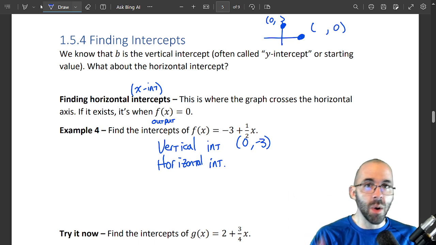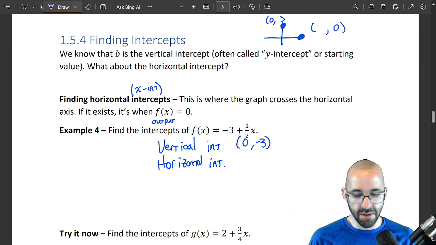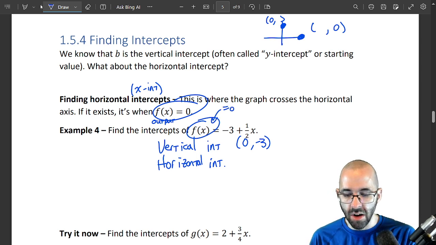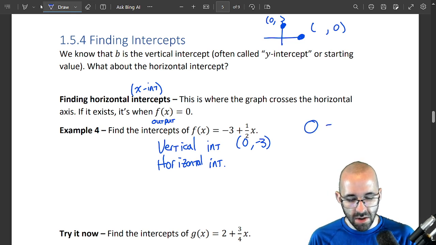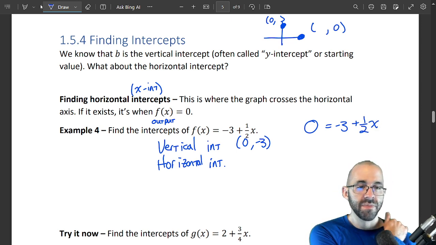This is like section 1.1 all over again. We know the output. We need the input. Let's solve. So the output is 0. So this thing right here is 0, so let's replace it with 0. This is going to be when 0 equals -3 plus 1/2 x. Now we have to solve this equation.